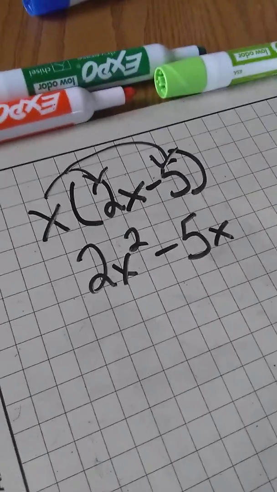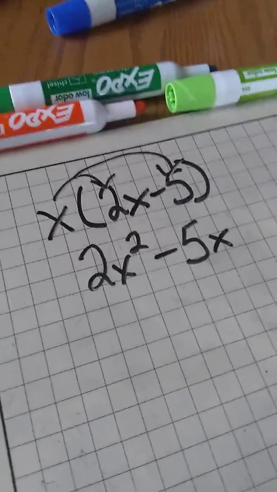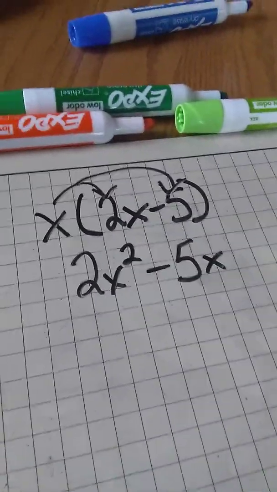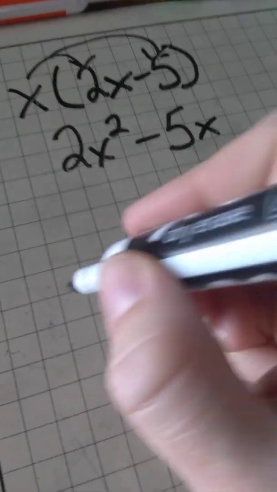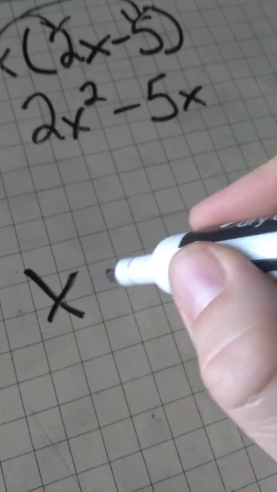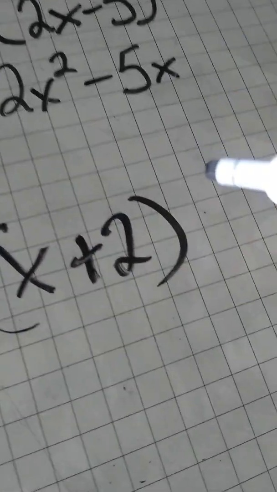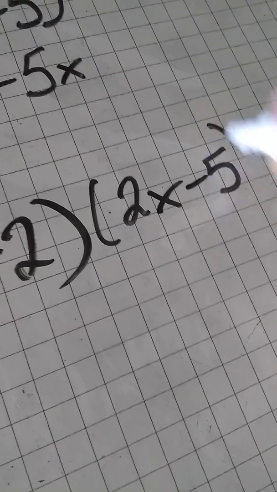So this week we are going to do basically the same type of thing. We're still multiplying, adding and subtracting, and then we're going to learn dividing also. But this time we're going to do multiplying where we have more than one term on the outside. So it's going to be something like x plus 2 times 2x minus 5.